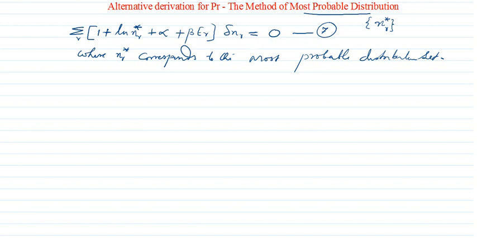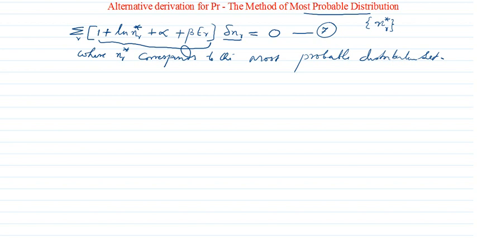We didn't say which n_r. So since delta n_r is arbitrary, equation 7 is true for any delta n_r value. This equation 7 will be identically 0 if and only if the coefficient is identically equal to 0.